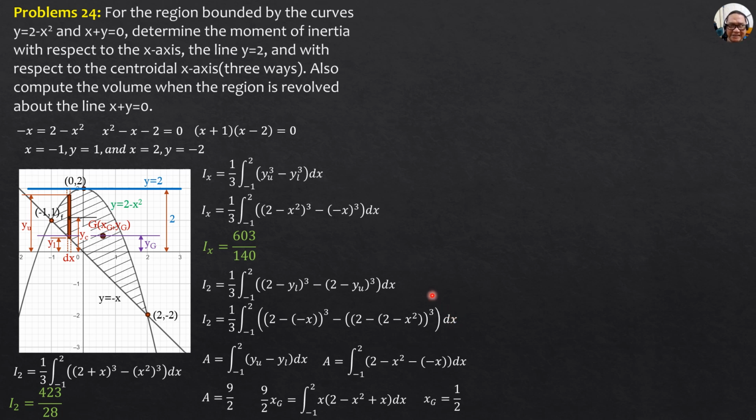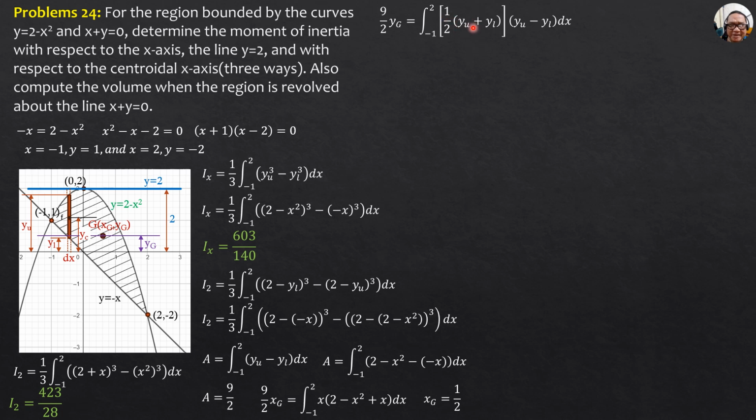Next, for yg, 9 halves times yg equals integral of y sub c dA. And y sub c is simply the midpoint of this vertical strip. And the midpoint formula is the average of the upper and the lower y coordinates. So y sub c is 1/2 of quantity upper y plus lower y.